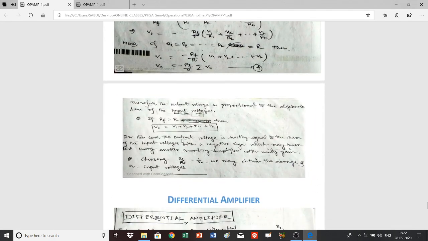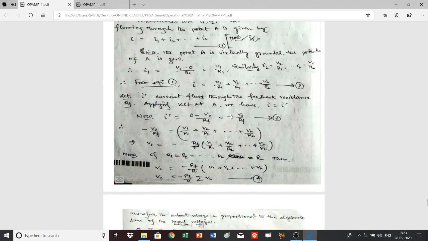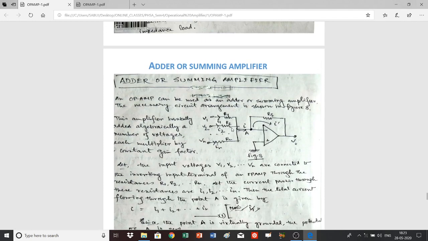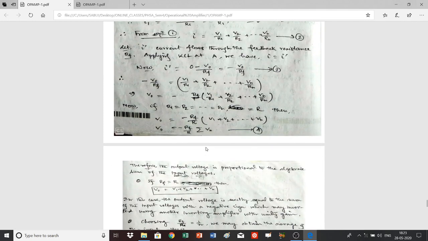Furthermore, if all the voltages V1, V2, V3, etc. are made identical or equal, then V0 will be minus of V1 plus V1 plus V1 plus etc. That means V0 is equal to minus N into V1. That means the amplifier will perform multiplication of the input voltage.